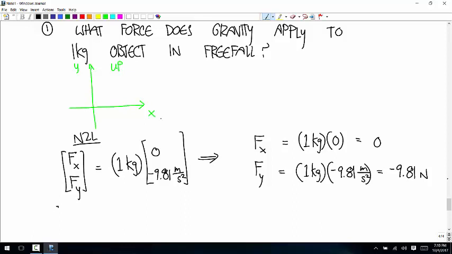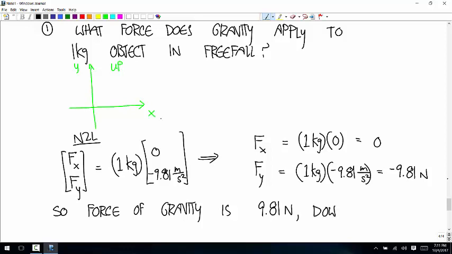Okay, so what we found out is that the force of gravity, the weight, is 9.81 newtons down.